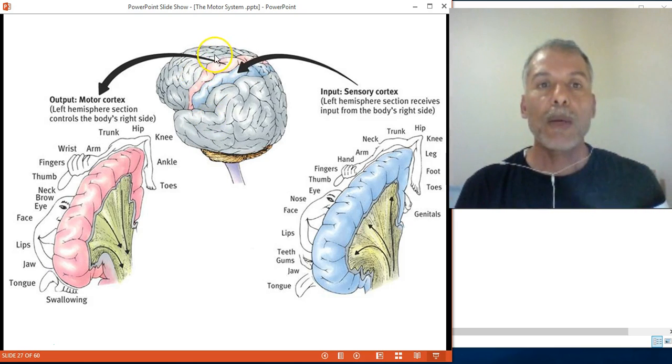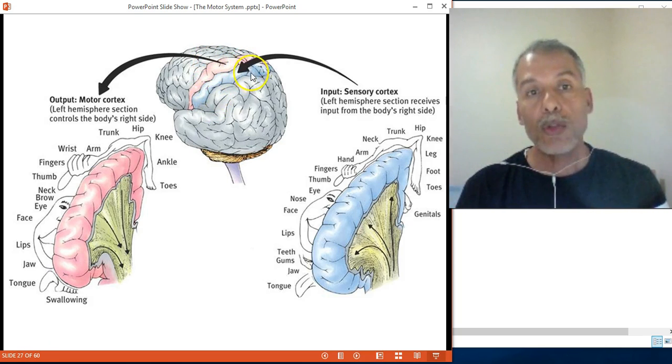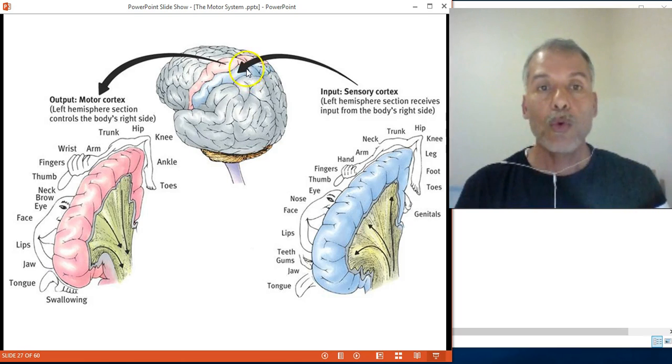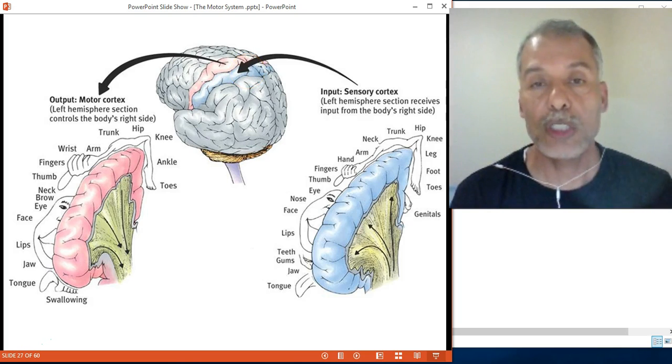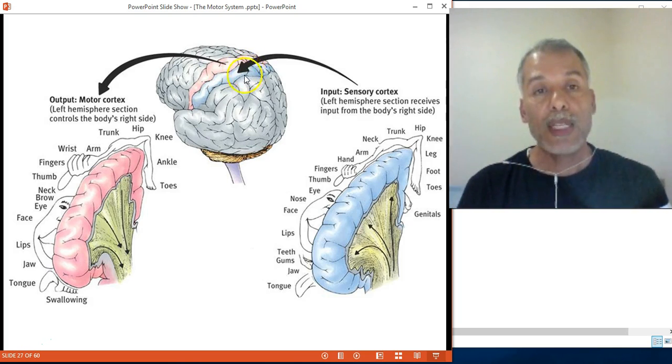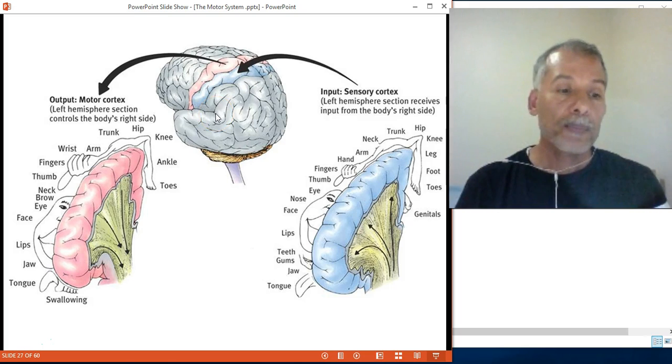And then you have the supplementary motor area also sending some axons down. And you also have some sensory neurons from the primary somatosensory cortex also traveling down with these fibers together to make that pyramidal tract.